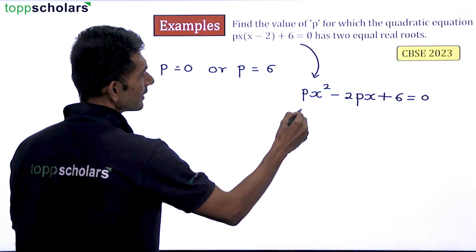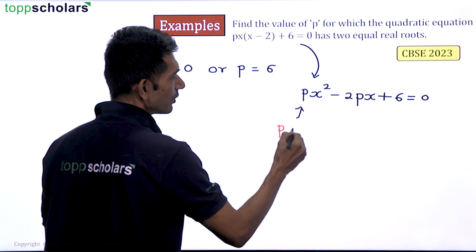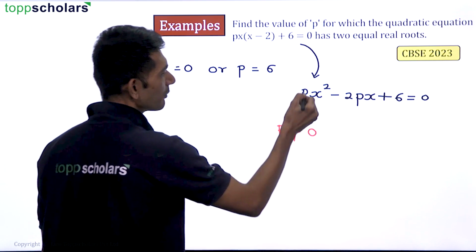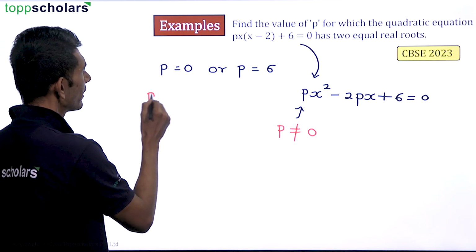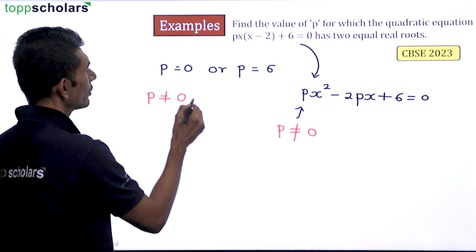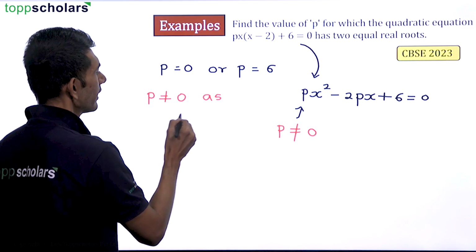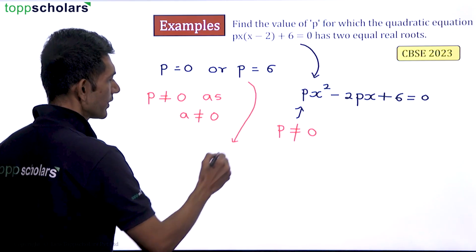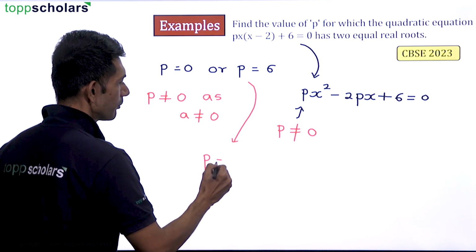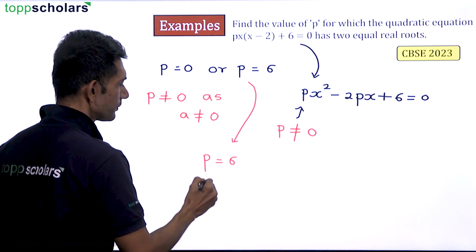So here, can p be equal to 0? p cannot be 0 because it is the coefficient of x square. So definitely p is not equal to 0, as a should not be equal to 0 in the quadratic equation. So the final answer is p is equal to 6.